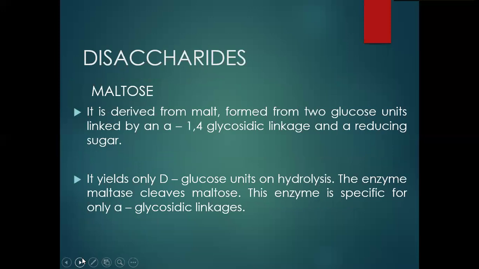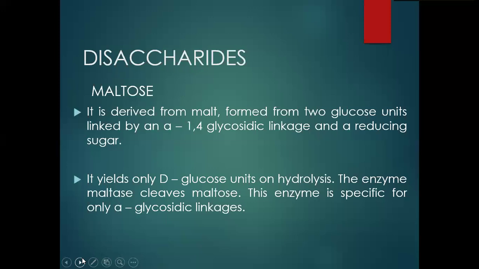Now we look at disaccharides. A very good example of a disaccharide is maltose, and it's derived from malt. Maltose is formed from 2 glucose units that are linked together by an alpha-1,4 glycosidic linkage.